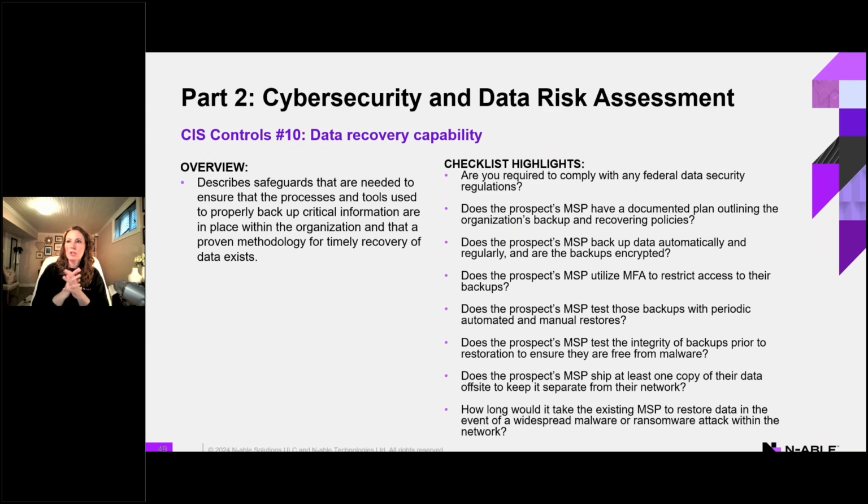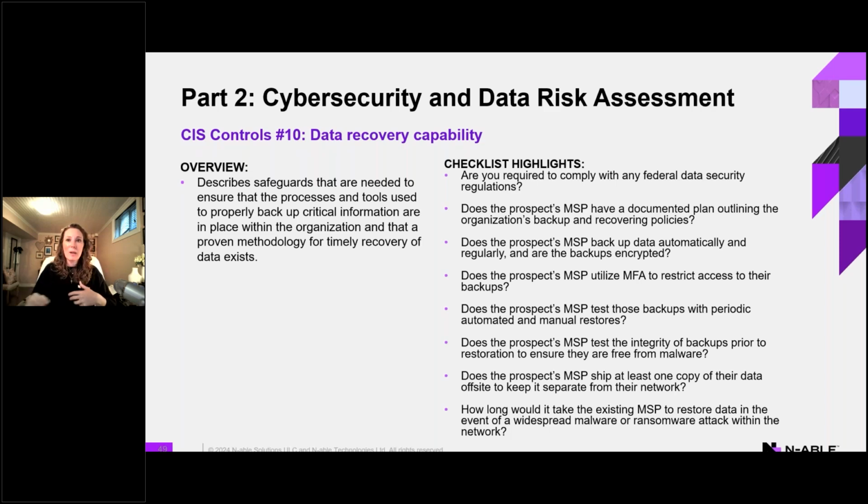Moving on to CIS control number 10, data recovery capability. There are 5 sections with this control. Another big part of a cyber liability insurance application form, but at a high level, number 10 really describes safeguards that are needed to ensure that the processes and tools used to properly back up critical information are in place within the organization, and that there's a proven methodology for timely recovery of the data, because it's no use backing up the data if you can't get the data back, and if you can't get it back quickly and efficiently.